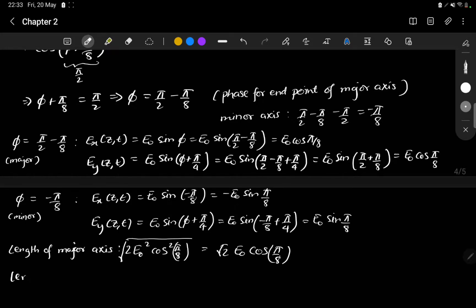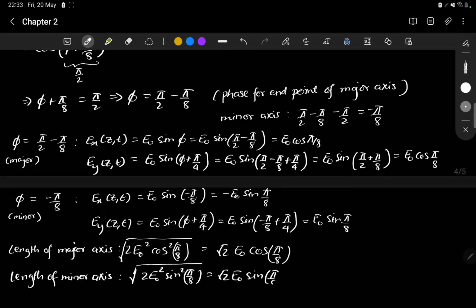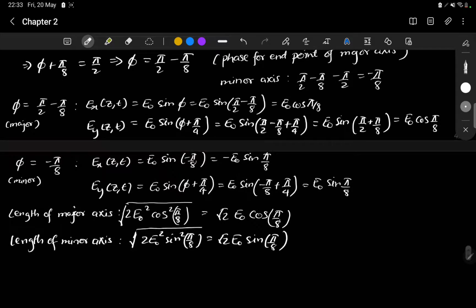Similarly, length of minor axis is square root of 2 times E naught squared sine squared pi by 8, which is equal to root 2 E naught sine pi by 8. This comes from the fact that length is nothing but the square root of Ex squared plus Ey squared.